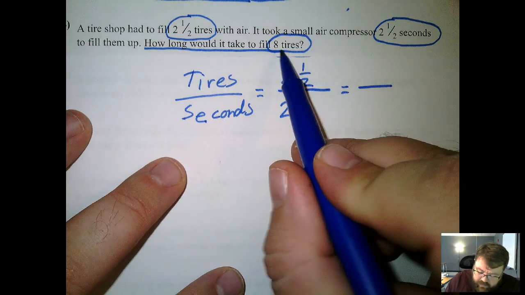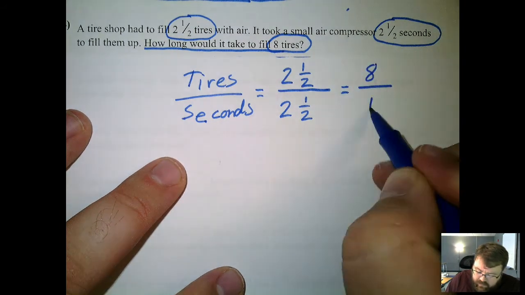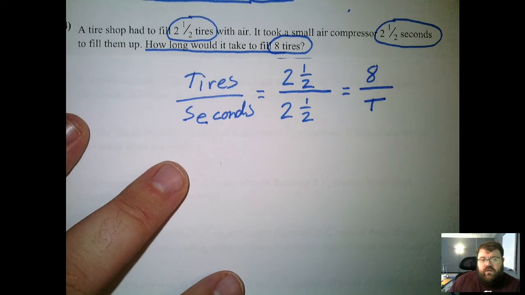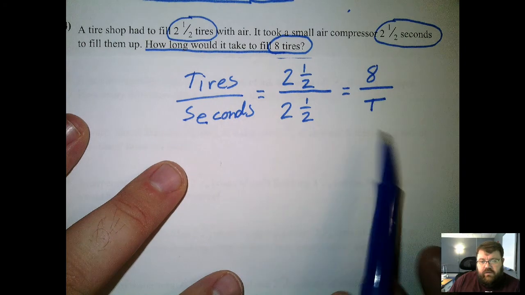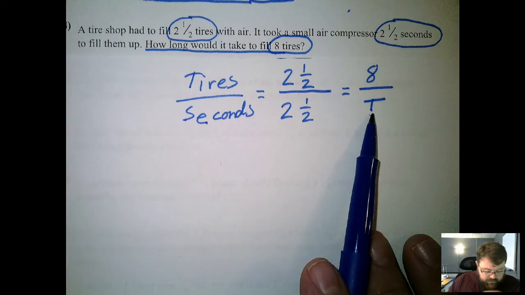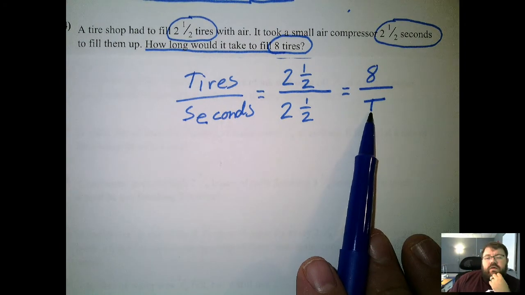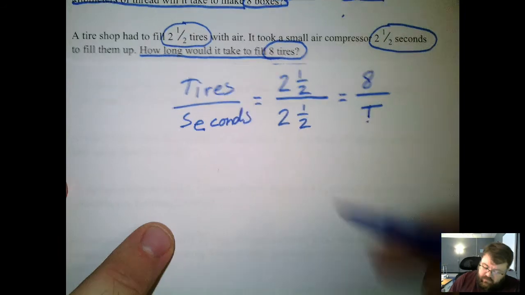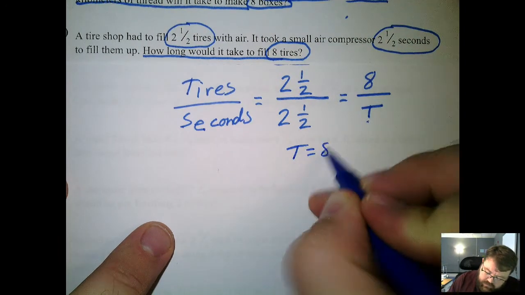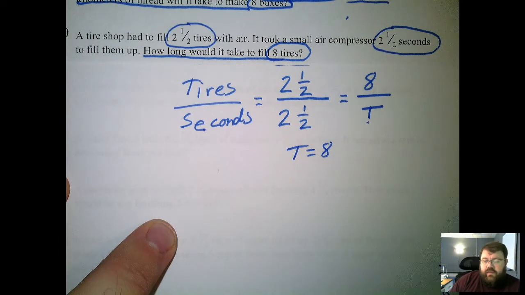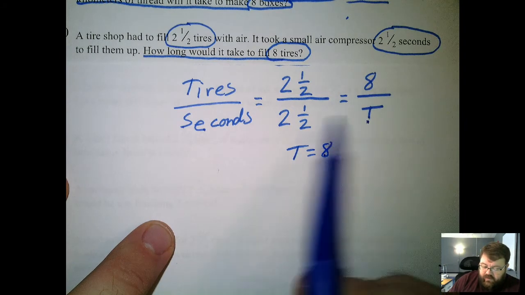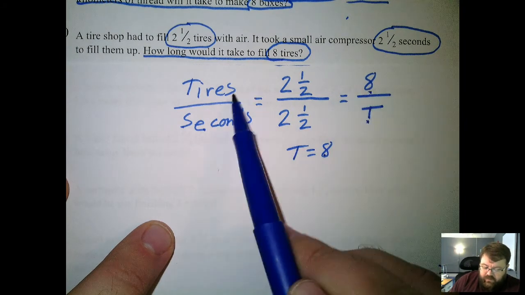We have 8 tires, put a T there. So our question was, how long would it take to fill 8 tires? So that is what my variable is. Whether you did scale factor or cross products, it doesn't matter. You should have gotten 8 for T. So T is equal to 8, and that means it would take 8 seconds to fill 8 tires.